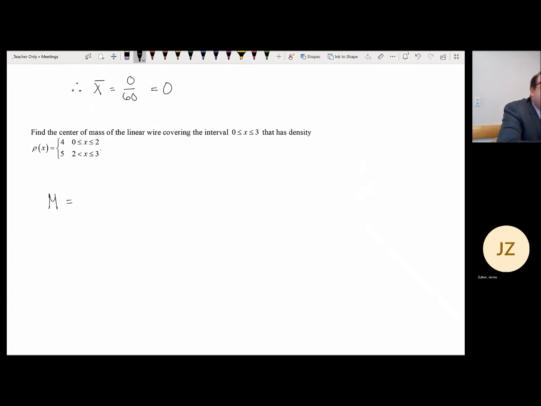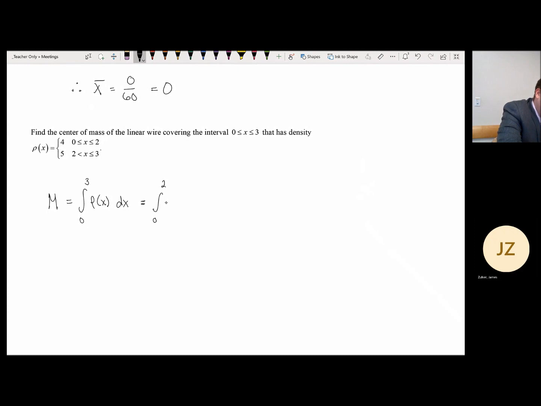Total mass. Integral from 0 to 3 of your density. But density is piecewise, which means this gets broken up into 2 integrals, right?